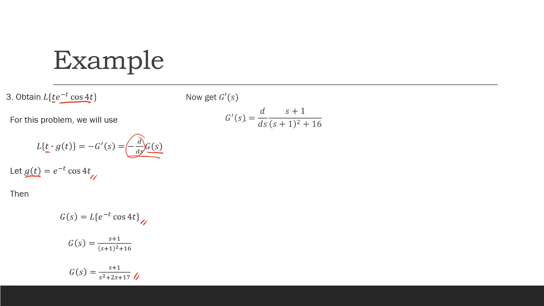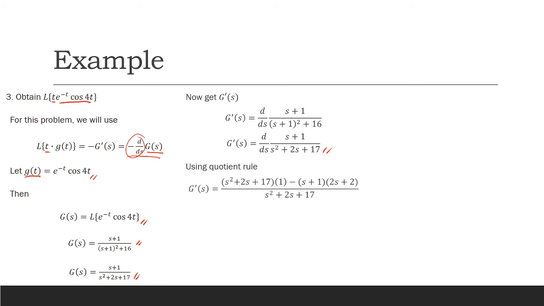So the derivative of G of S natin is the derivative of S plus 1 over S plus 1 squared plus 16. So, which is this one. Hindi na nakasimplify kasi easier siya. To do that, we have to do quotient rule, kasi kung napansin, this is a quotient.